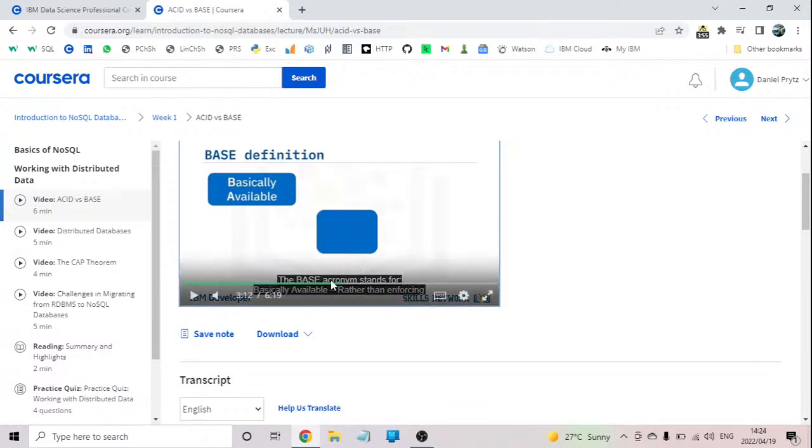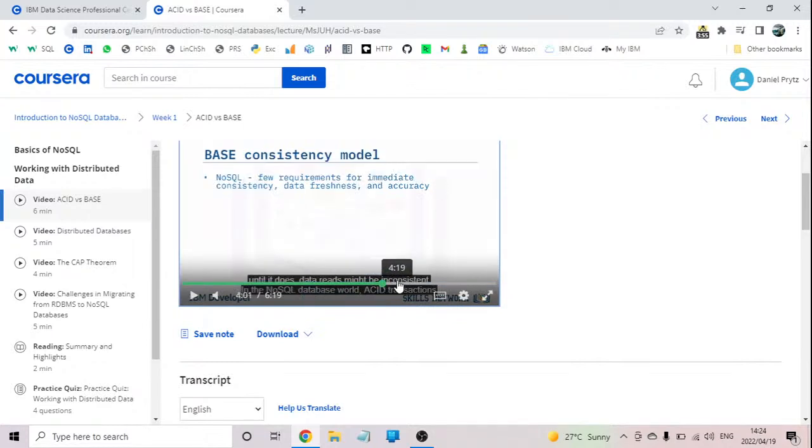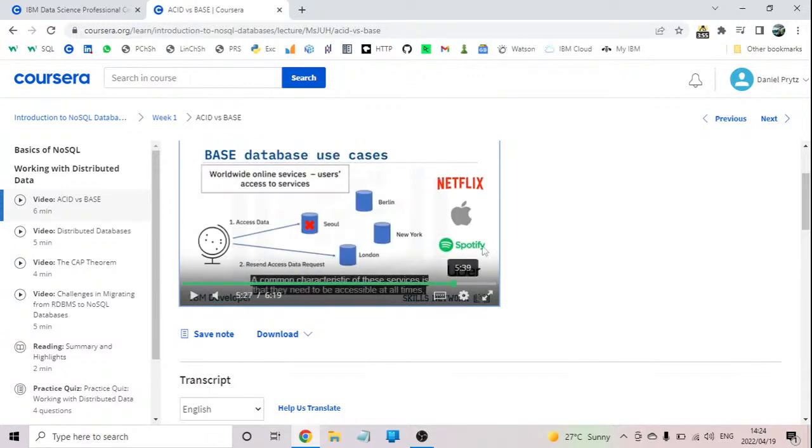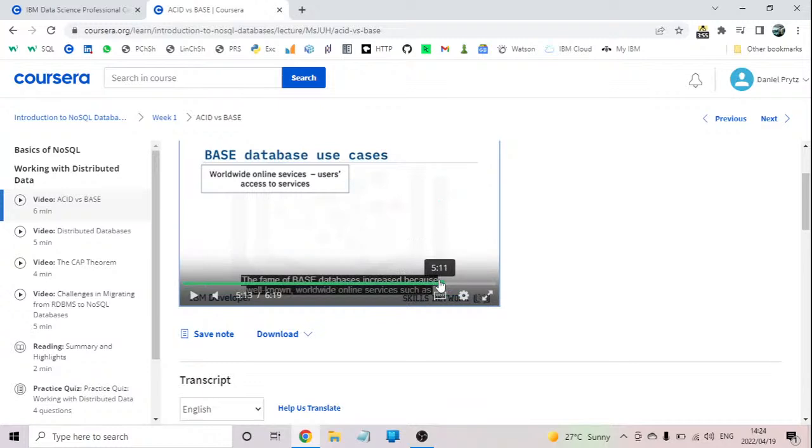So let's go to some use cases based. There should be a few. Okay, so I'm assuming they're going to say streaming, right? Well, not worldwide, but it can be used in a lot of specific cases.